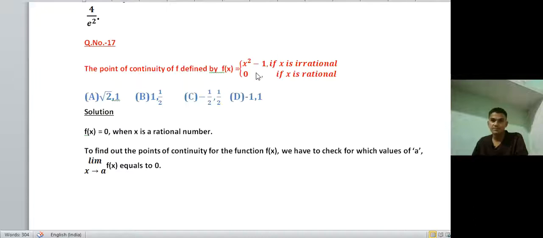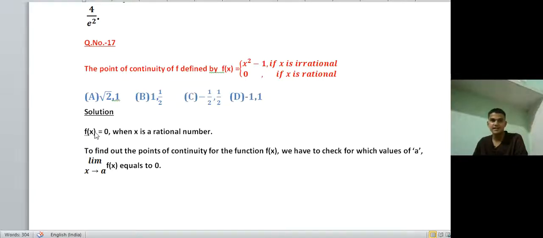So the limit of this at x is equal to minus 1 and x is equal to plus 1 is 0, and the functional value is also 0.